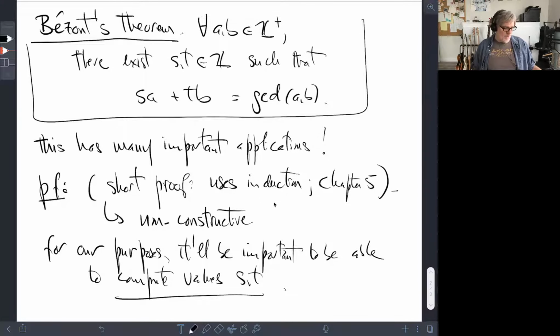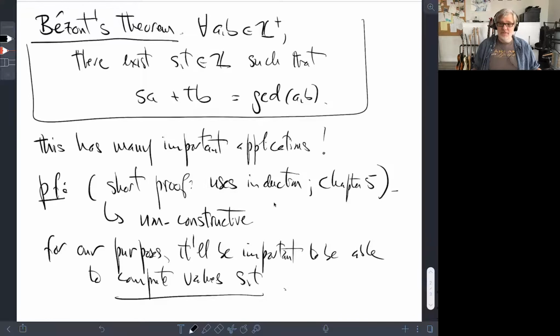So how can we find those values s and t? I can tell you right now from experience that if you try to guess what these values are, it's very unlikely you're going to find them. If I give you two numbers a and b and ask you to find s and t such that the GCD is the combination like that, just forget it. You need to know how to compute this.